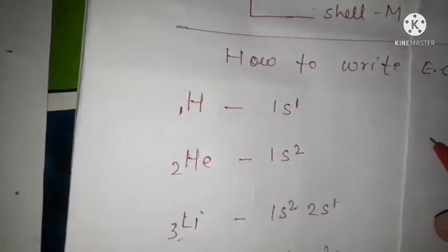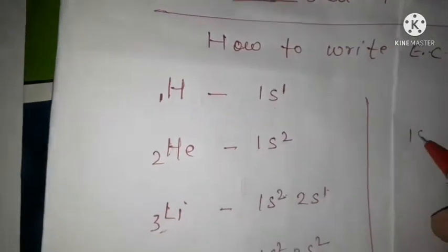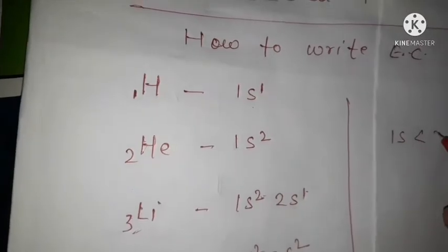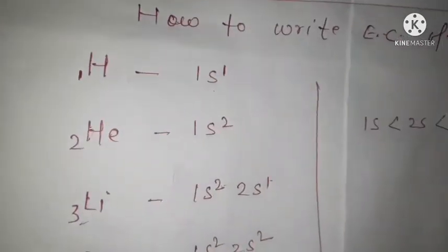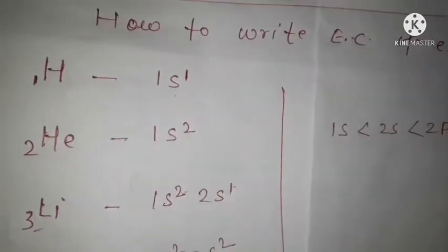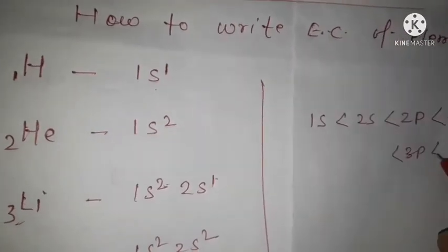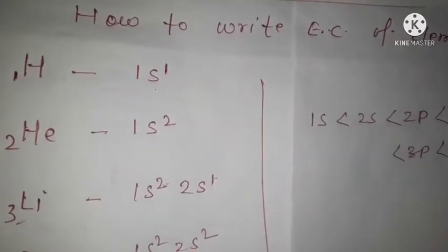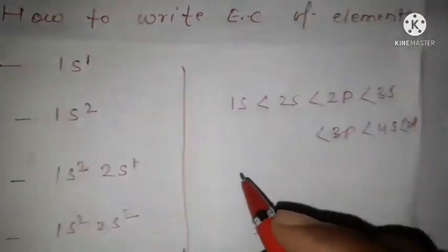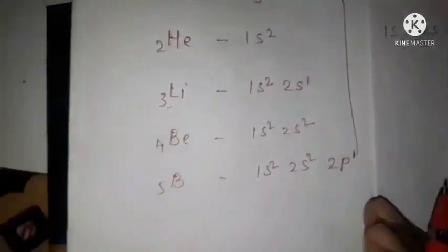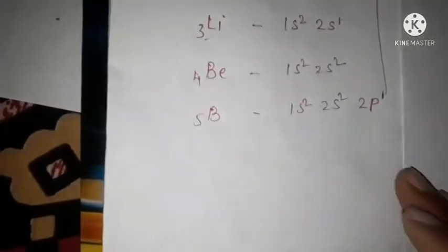We know that whenever we write, first we use 1s, then 2s, then 2p, then 3s, then 3p, then 4s, then 3d. In this way we write the electronic configuration of any element.